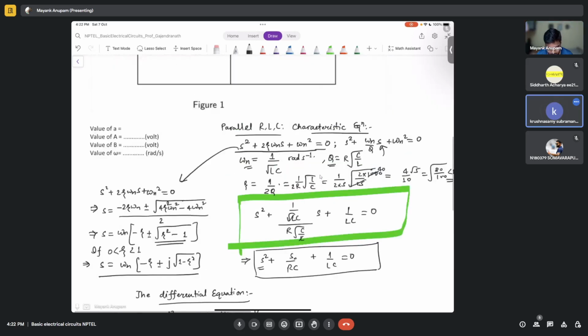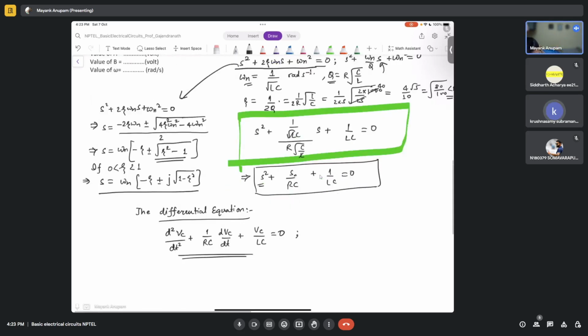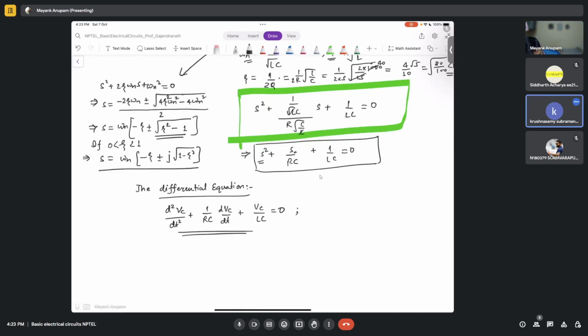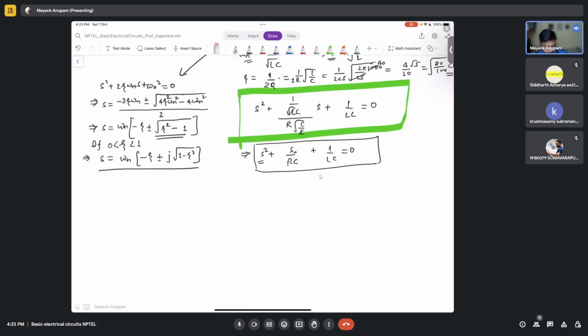Now just erase this, this is not required now.